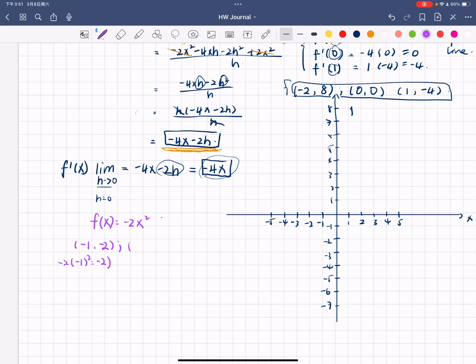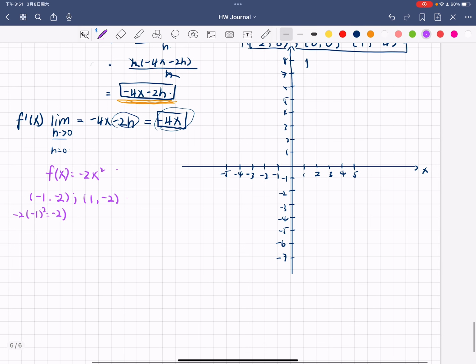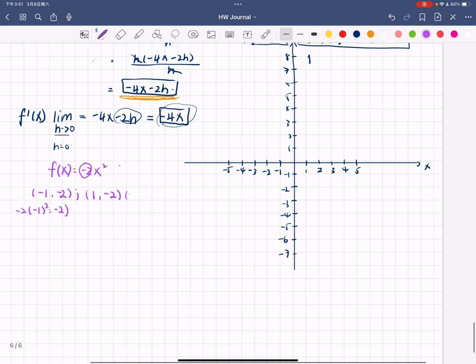And for 1, we're still going to get negative 2, because it is a parabola that is facing down, because it has a negative coefficient. When x equals 0, y equals 0 as well.